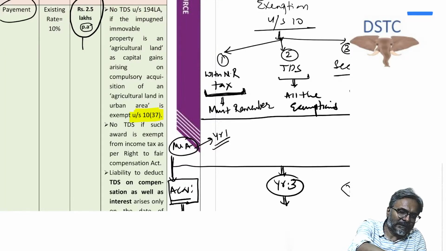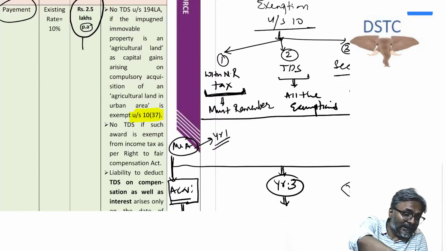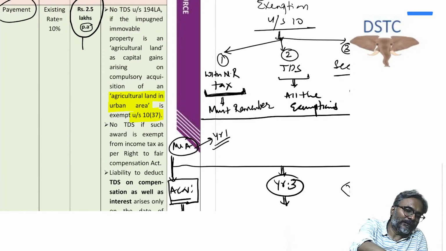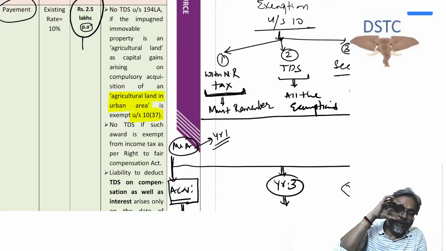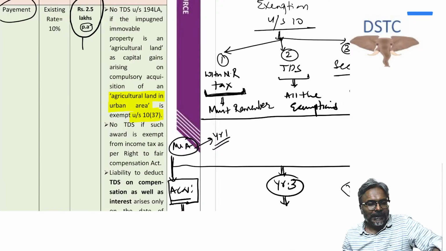If you see what they have written: no TDS under 194LA if the impugned immovable property is agricultural land, as capital gains arising on compulsory acquisition of agricultural land in urban area are exempt. Can you see that, all of you? Agricultural land in the urban area.